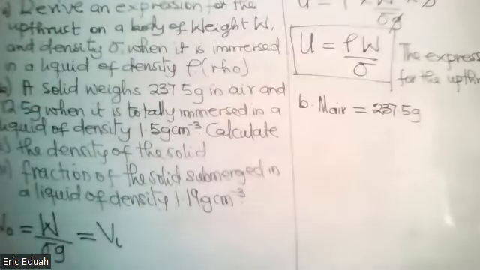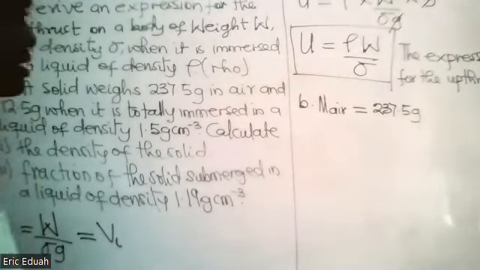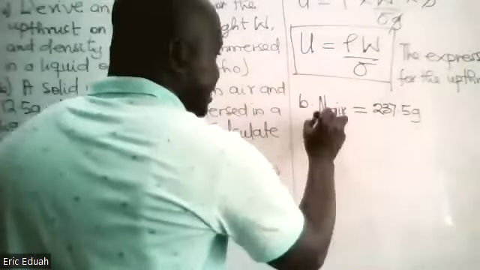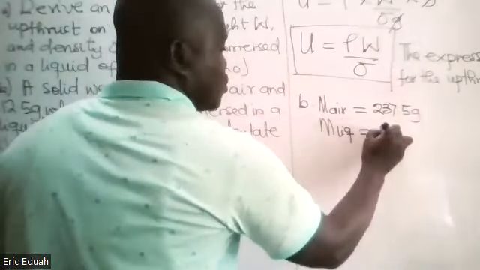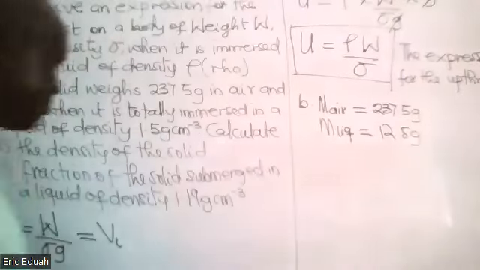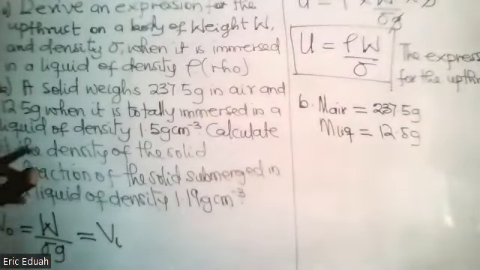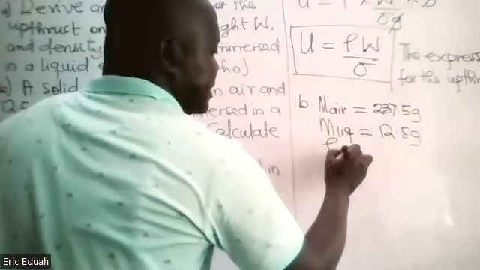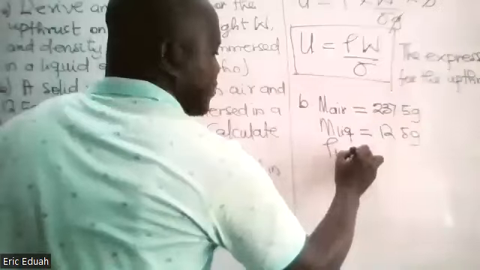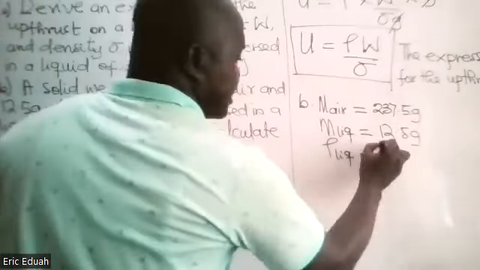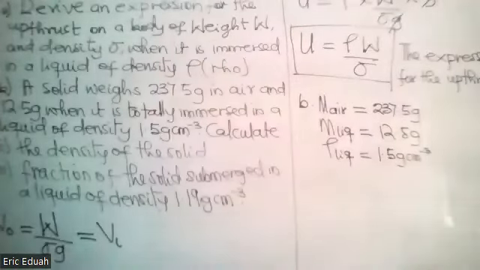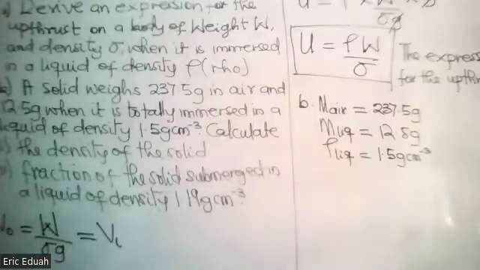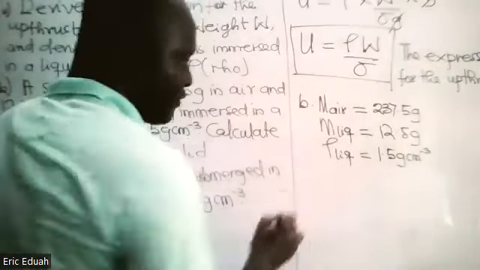Then 12.5 grams when it is totally immersed in a liquid, so the mass of the object in liquid is 12.5 grams. What is the density of the liquid? The density of the liquid, rho of liquid, is equal to 1.5 grams per centimeter cubed. We are to first calculate the density of the solid.